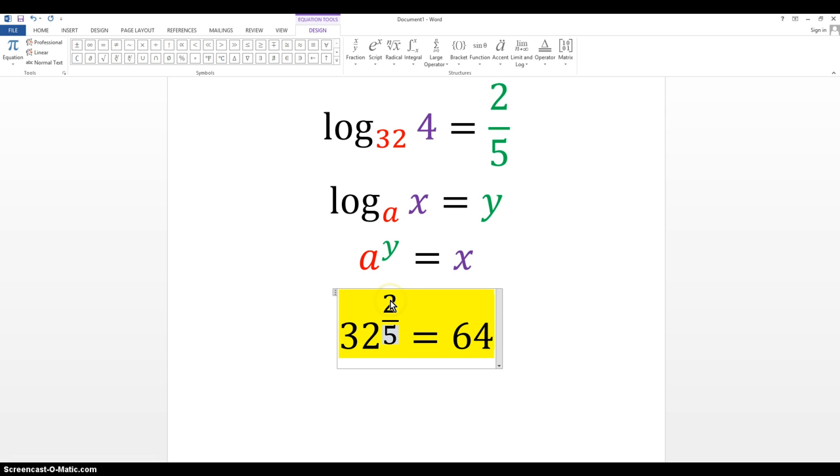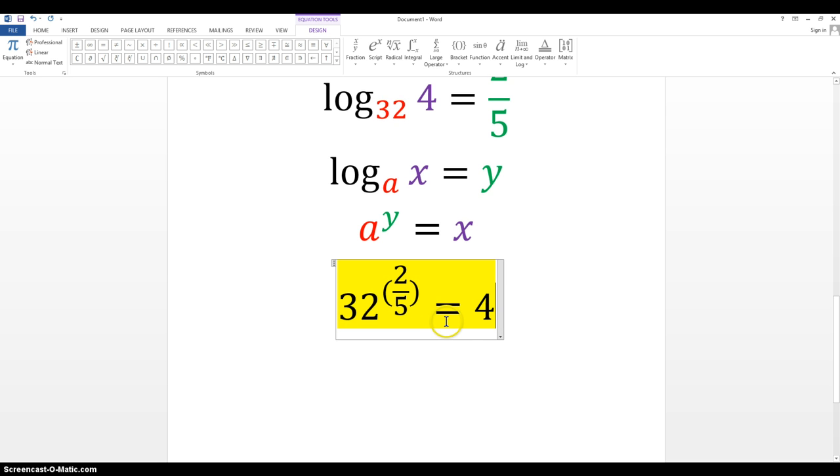And let's go ahead and just start placing those in parentheses. So 32 to the 2 over 5. And then my X equals what? 4, exactly. And that is my answer. All I did was just write from logarithmic equation into exponential. Perfect.